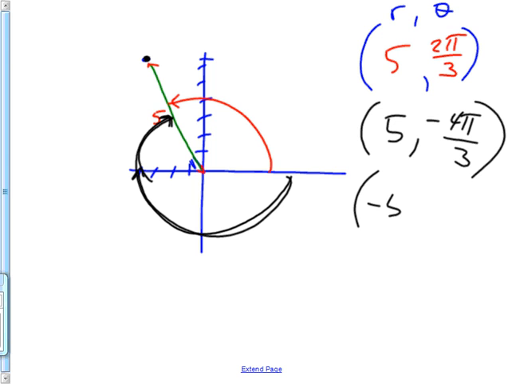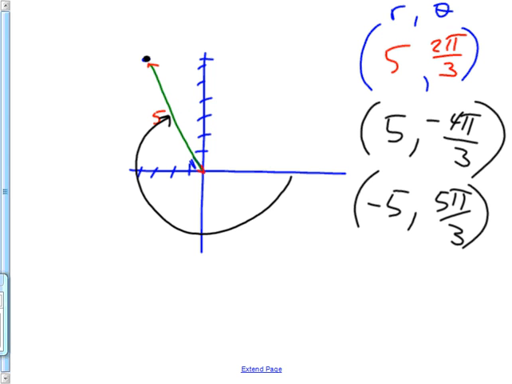Yeah, -5, 5 pi over 3? Let me check if you're right. First of all, to get the negative in there, what you're saying is you want them to go to a place that's completely opposite of here, which would be like over here. And then when you say -5, it'll bounce you over to that spot. Okay? So where are we if we're down here?